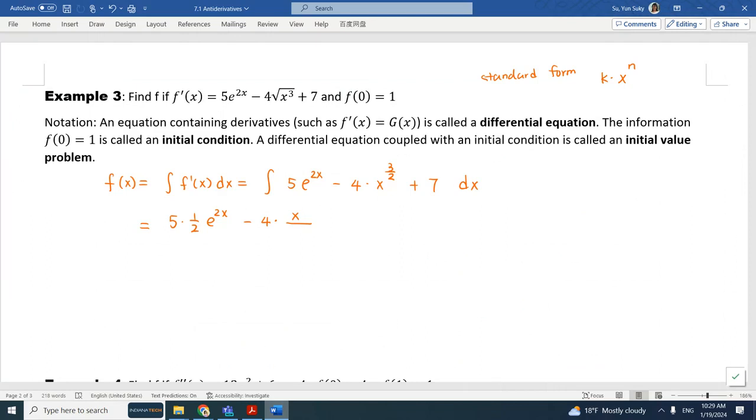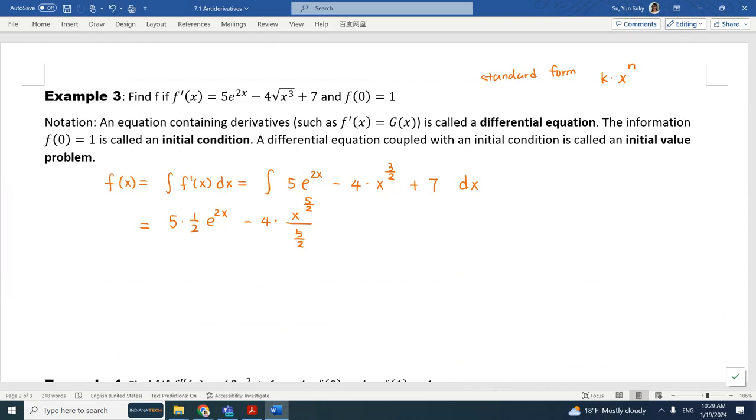When you integrate, do you add 1 or subtract 1? Add 1. So what is 3 over 2 plus 1? 5/2. So our new exponent is 5/2. Then you divide by 5/2. Always calculate the exponent first, then you put it downstairs. Don't put 3 over 2. It's the new exponent.